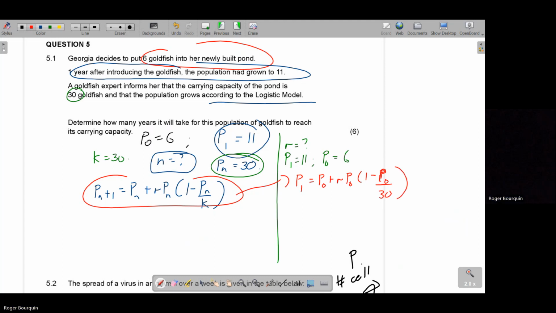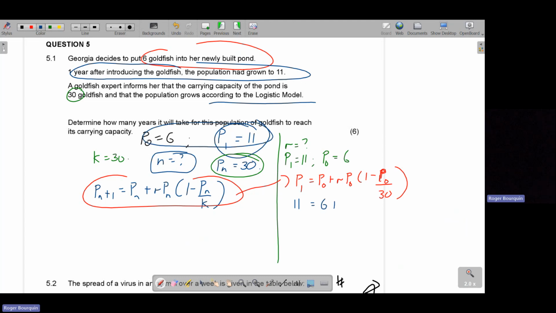They told us the population after 1 year was 11, and P0 is 6.